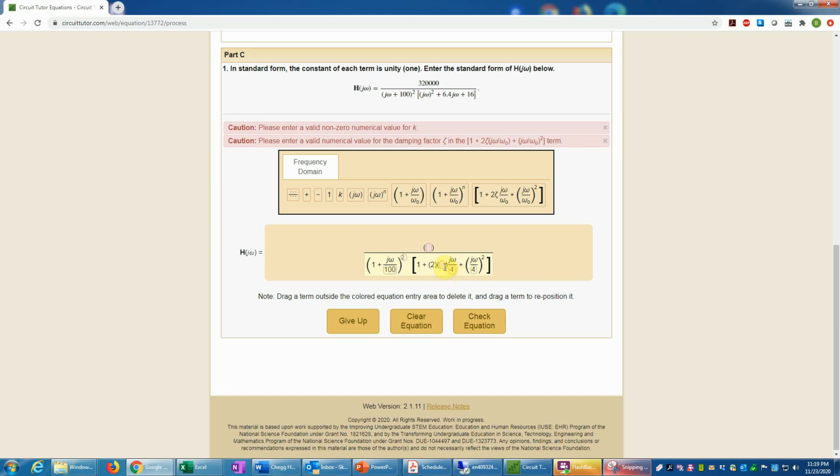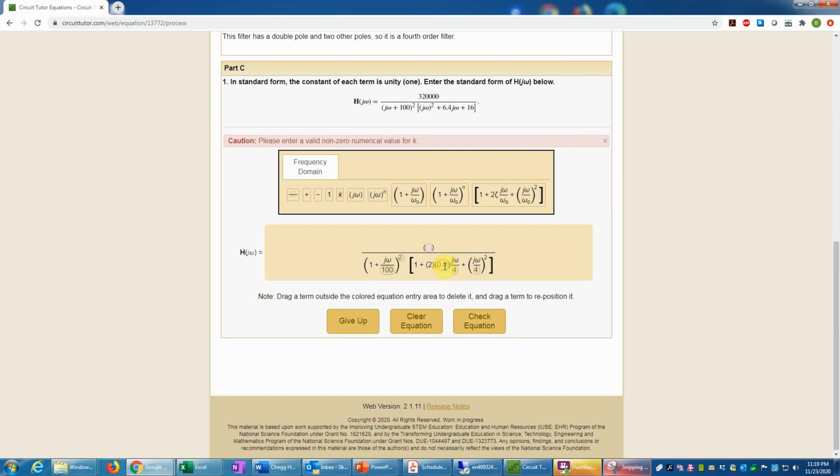And so this will have to be a 0.8, I believe. So just checking that, 1.6 divided by 4. I'll just double check that real quick to make sure I didn't make a silly mistake there. And that is indeed the 0.4. Okay, and then the 6.4 divided by 16 again is the 0.4. So that will be correct.